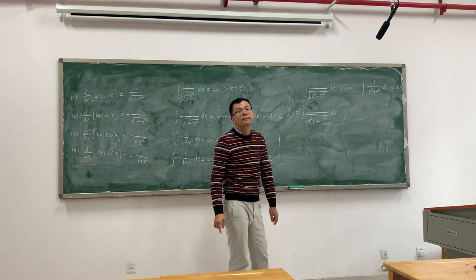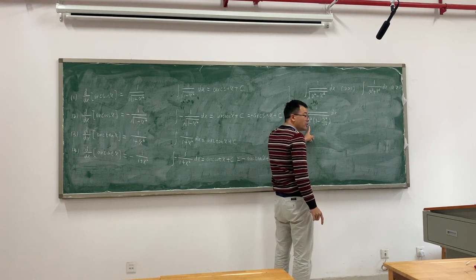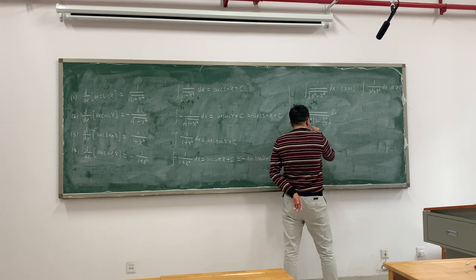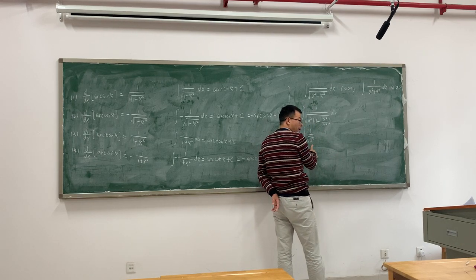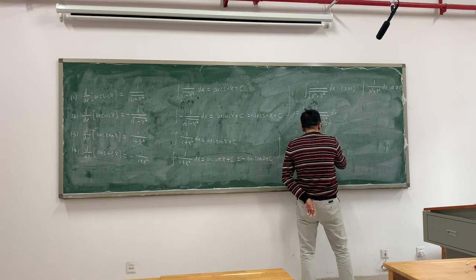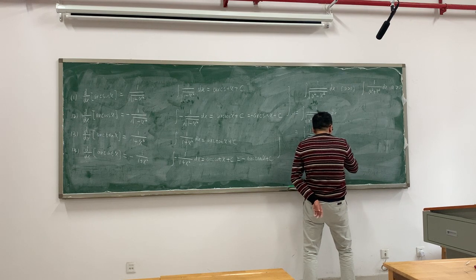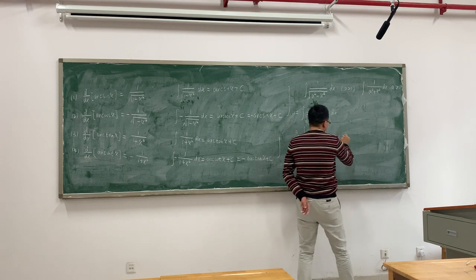For this one we can take out the square root: 1 by the square root of a squared times 1 by the square root of 1 minus x squared by a squared dx.